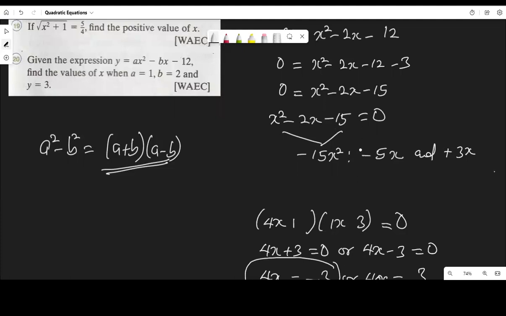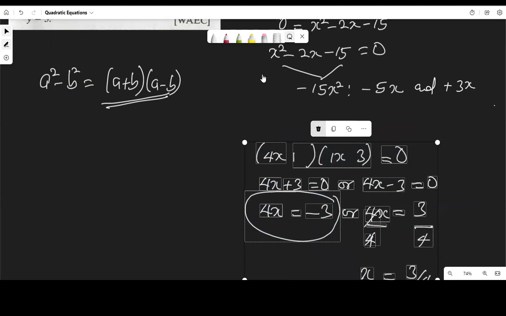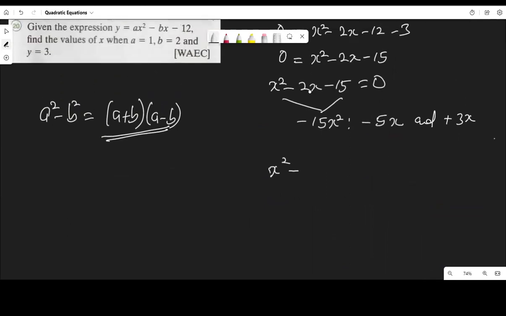These multiplied will give us negative 15x squared, and these added will give us negative 2x. So now that we know the factors, we're going to replace the middle term with those factors so that the equation becomes x squared minus, instead of minus 2x, now replace this with minus 5x plus 3x minus 15 equal to 0.